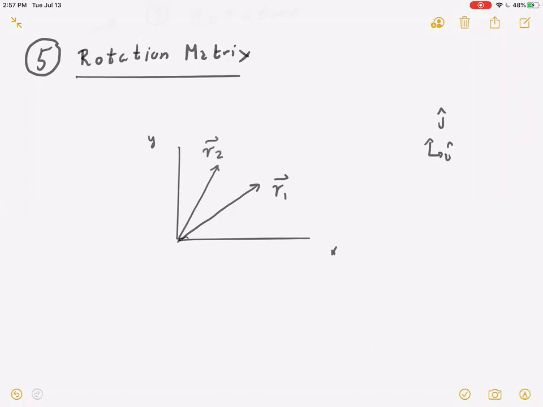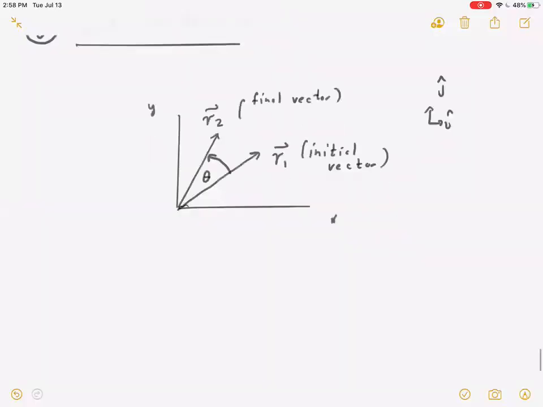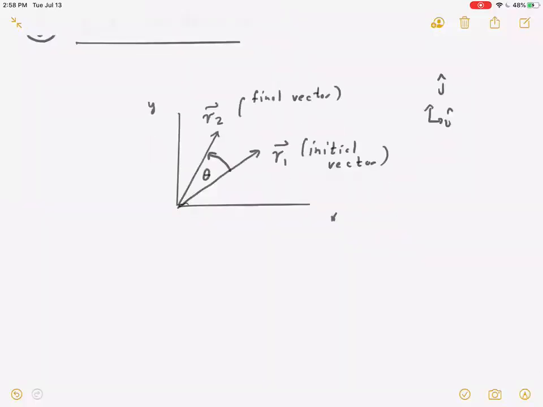So R sub 1 is my initial vector, and R sub 2 is my final vector. And I want to rotate R sub 1 by some angle theta in a counterclockwise direction, such that the magnitude, or norm of R sub 1 is the same as R sub 2.